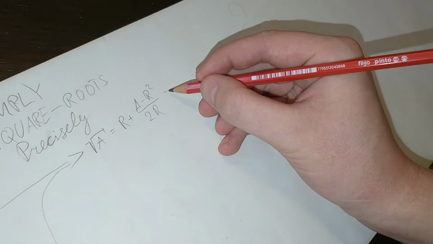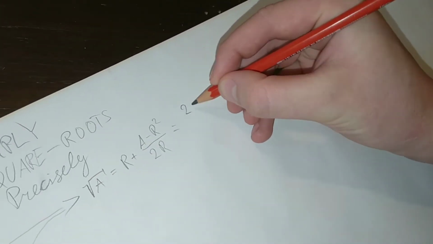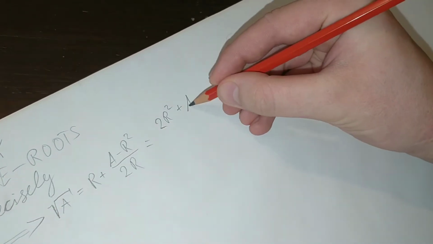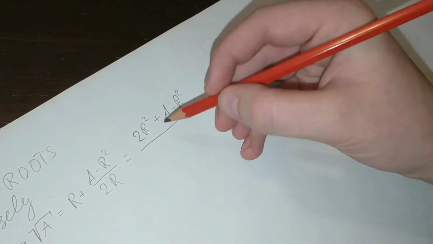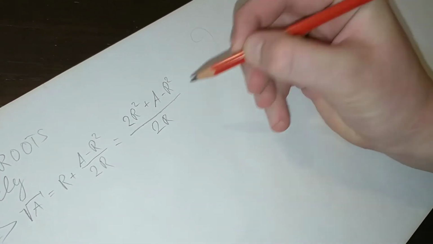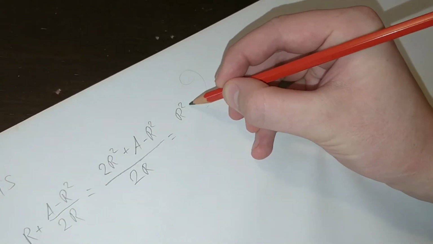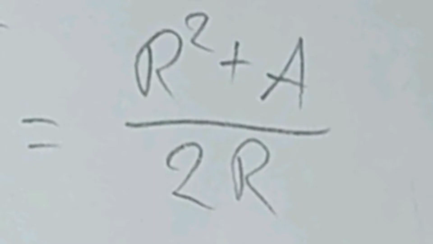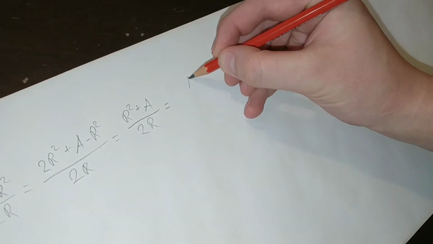We extend that to 2r squared plus a minus r squared, divided by 2r, and simplify that to (r squared plus a) divided by 2r. We write that as numerator n divided by denominator d.